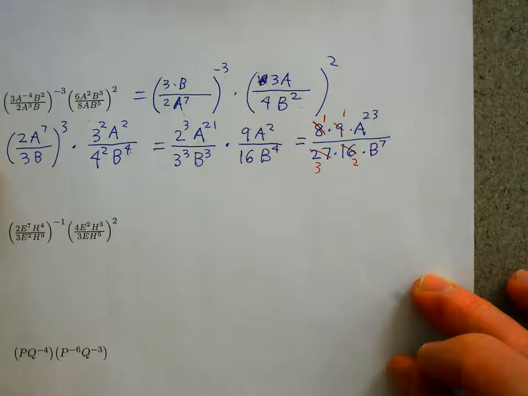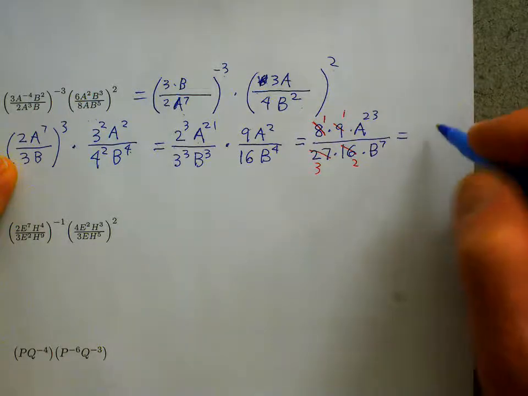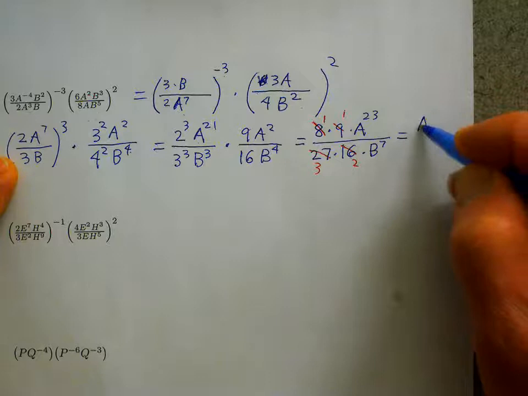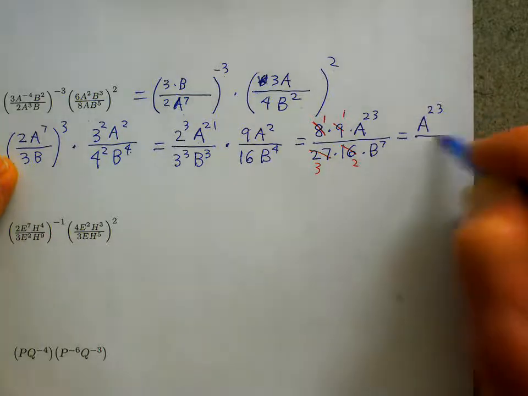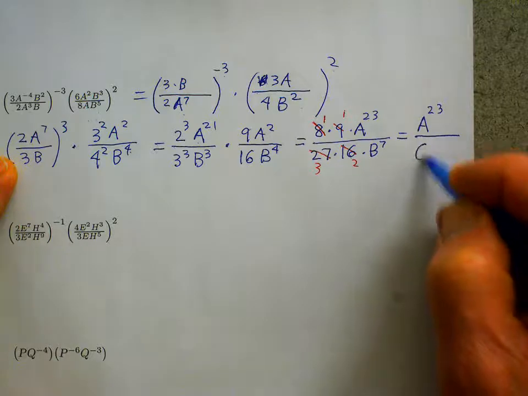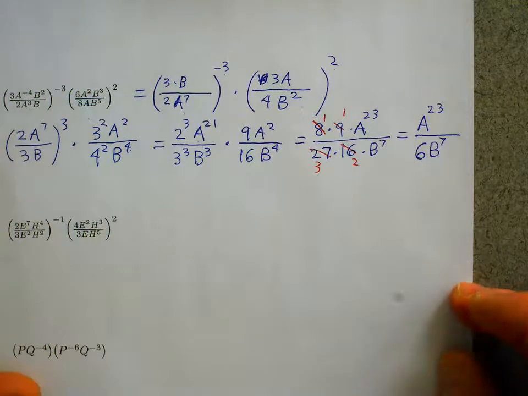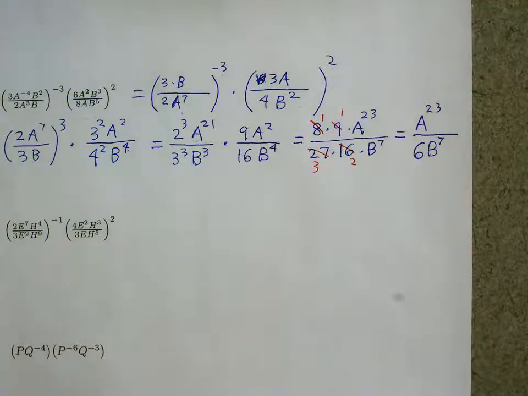So now we can write the final result. In the numerator, 1 times 1 times a to the 23rd is just a to the 23rd. And in the denominator, 3 times 2 times b to the 7th is 6 times b to the 7th. So that's the simplified expression on that one.